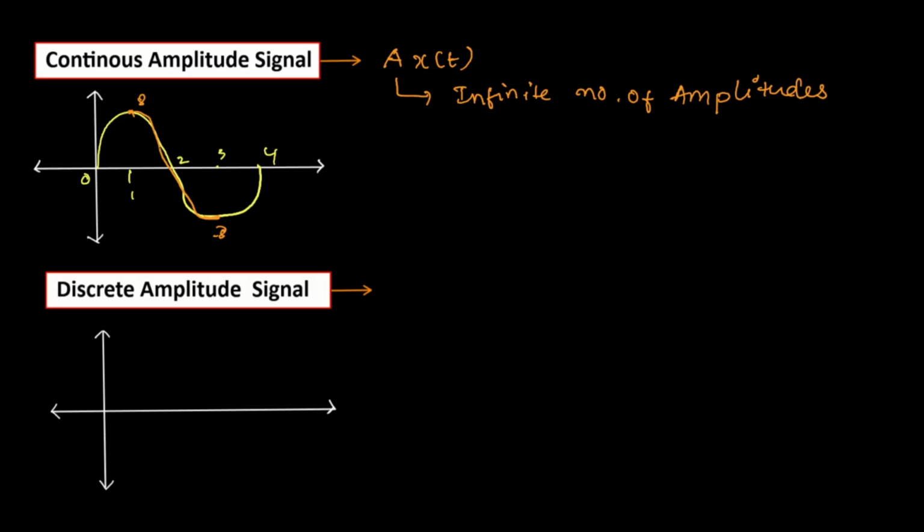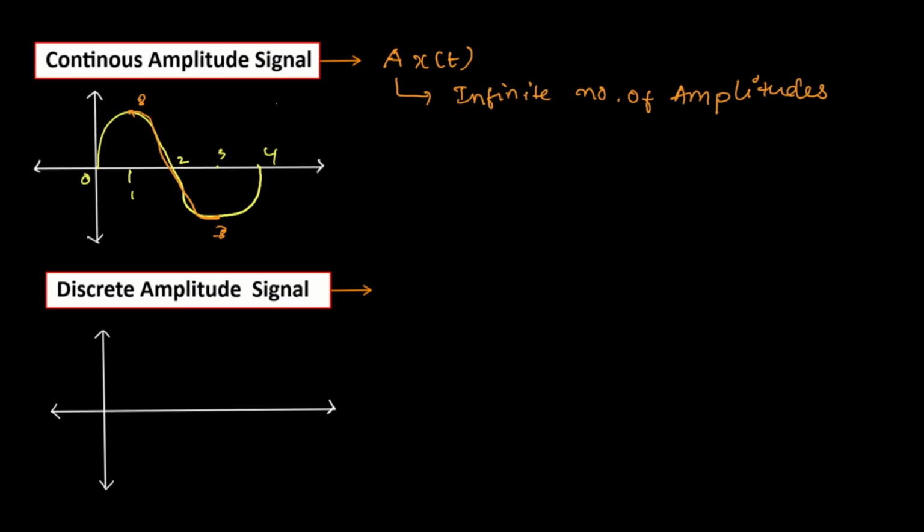We will not have only discrete values of amplitude. The continuous amplitude signal will be available at every instance of time, whether your time is continuous or discrete, but your signal will always be continuous, it will always be available.